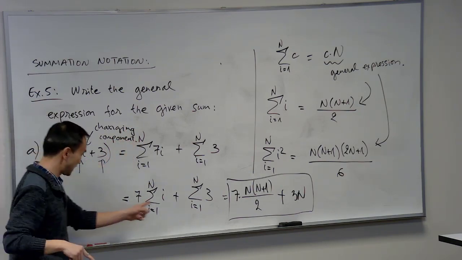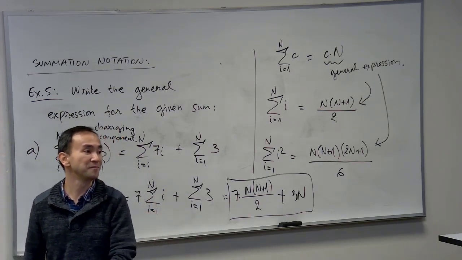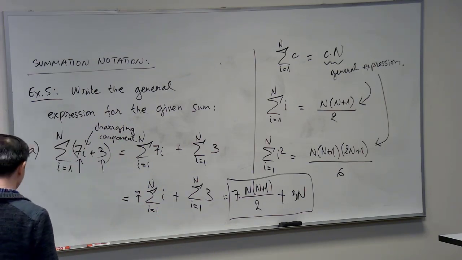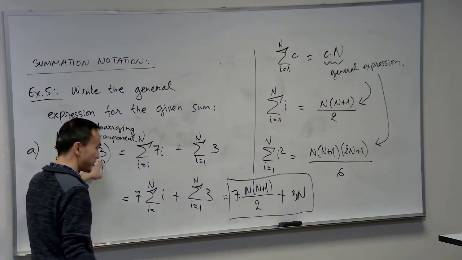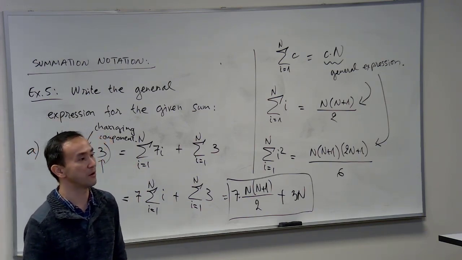That's the one that gives rise to these basic formulas, and then we're going to blend them together. See what I'm saying? So you have to spend your time identifying who's the changing component and who's the coefficient or constant component that stays the same all the time.